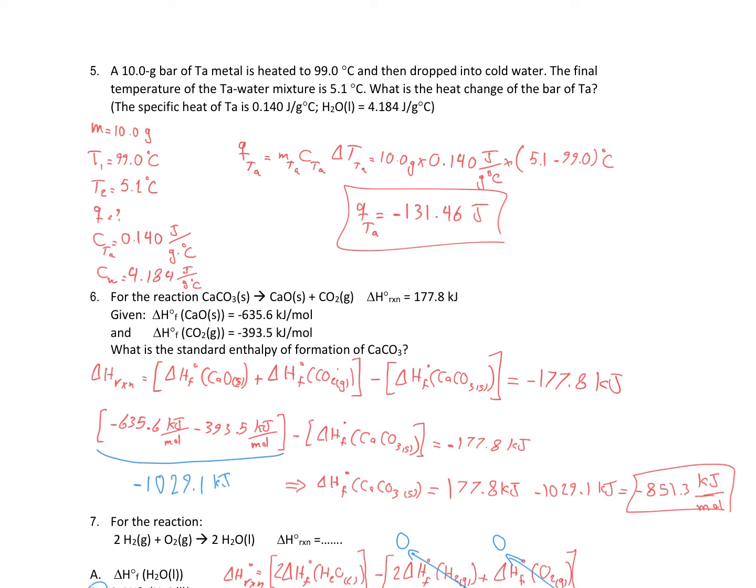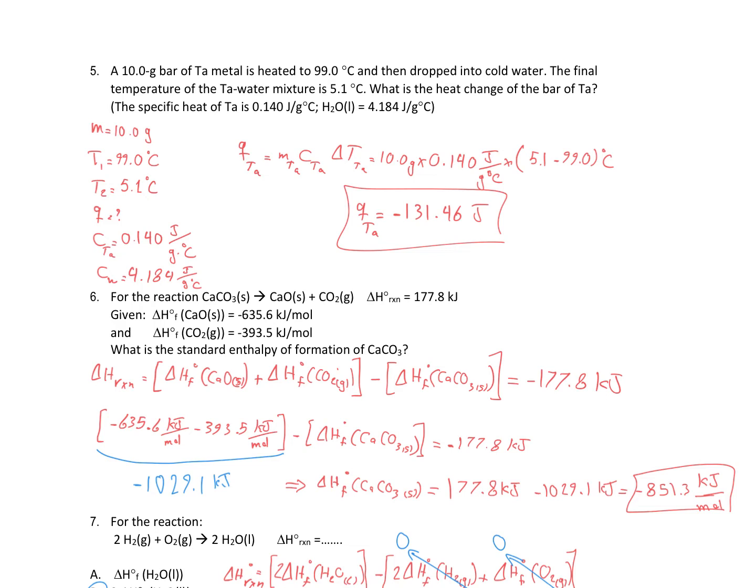So in our question, the initial temperature is 99. So T1 is 99 degrees Celsius, and then we drop it into the cold water, and the final temperature is 5.1 degrees Celsius. You know that when you have a hot object and cold object, they start to transfer the heat until both of them have the same temperature, right?